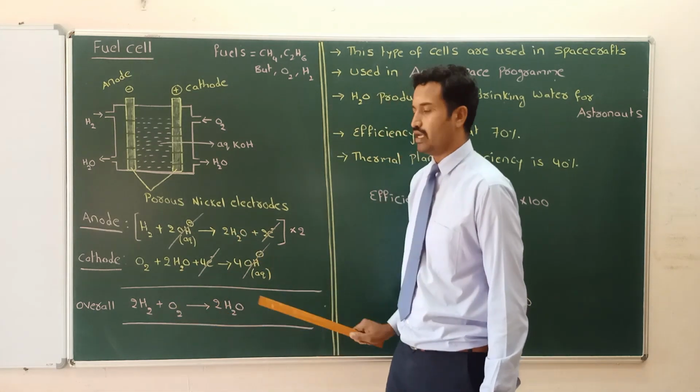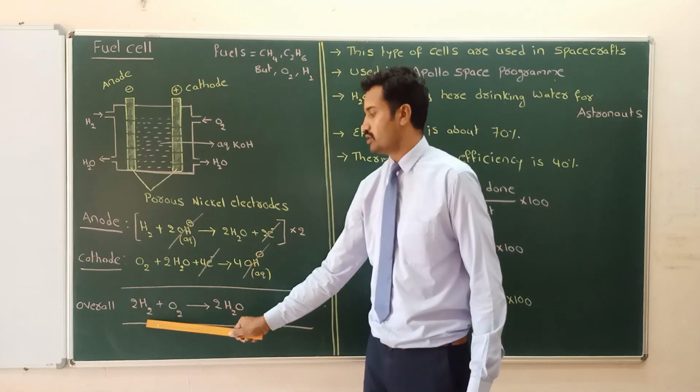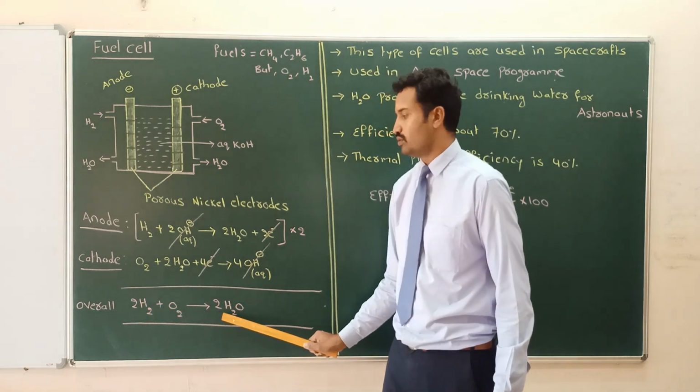The 4 electrons also get cancelled. Then the overall reaction is 2H2 plus O2 gives rise to 2H2O.